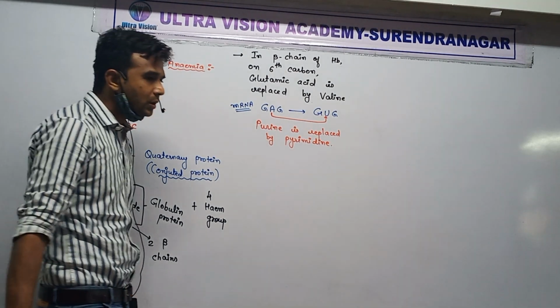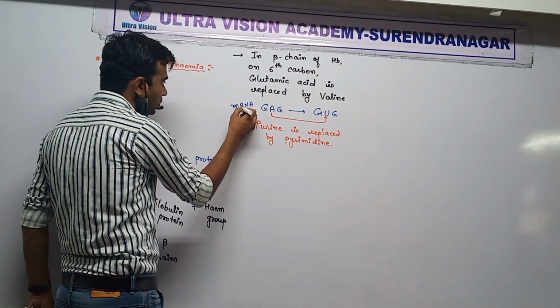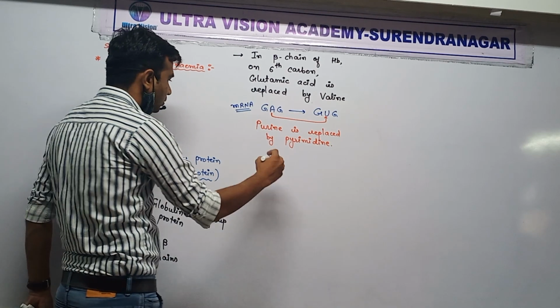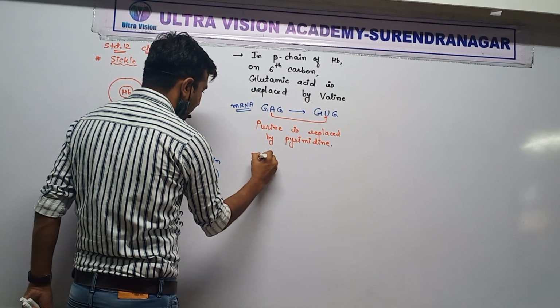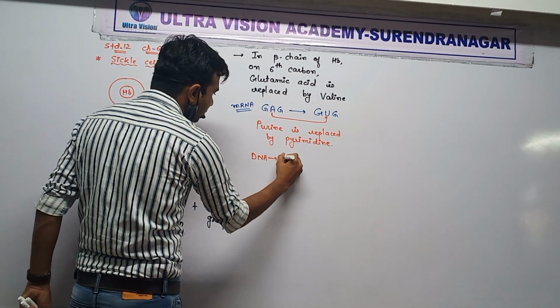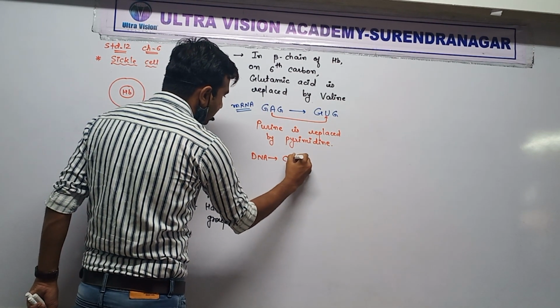So here we say that on the mRNA the GAG code is there, right? So on the DNA the complementary code is CTC.